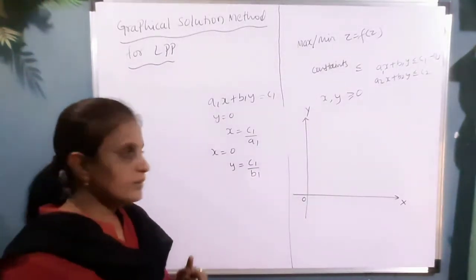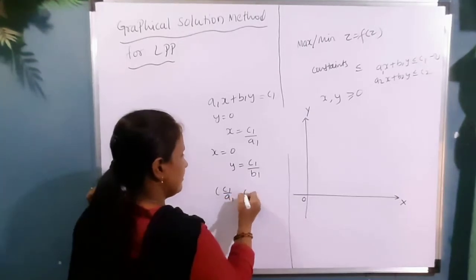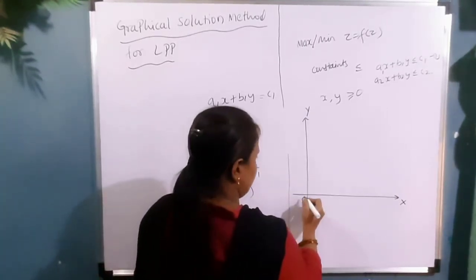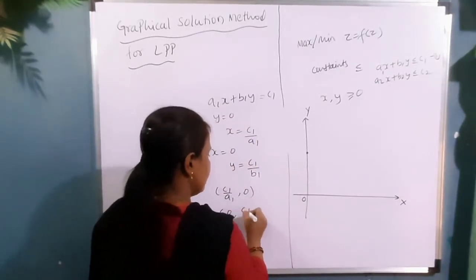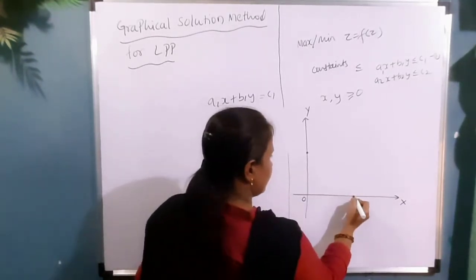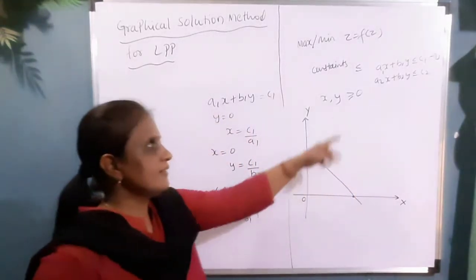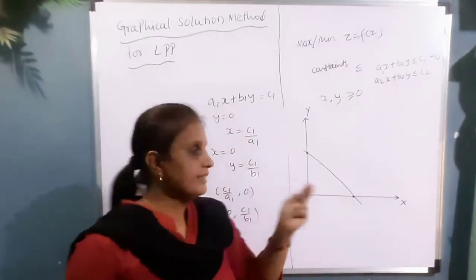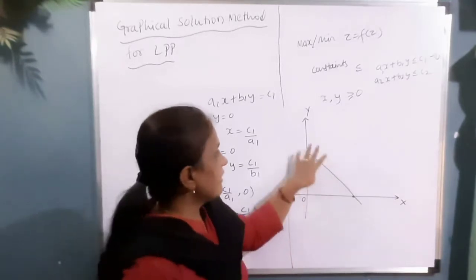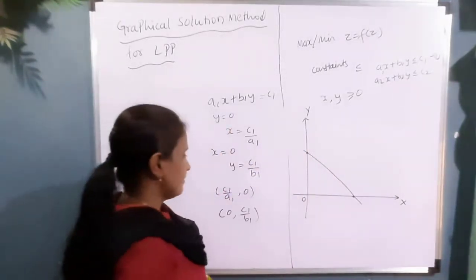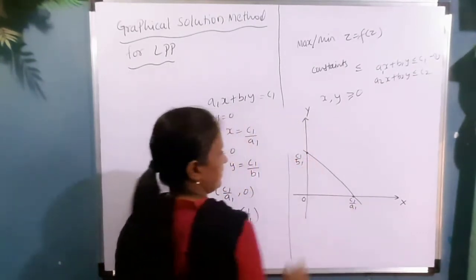So we get 2 points: c1 by a1 comma 0, and 0 comma c1 by b1. We join them and it becomes a straight line. This is only imaginary, we don't know the values; I am taking this just to clarify the method.